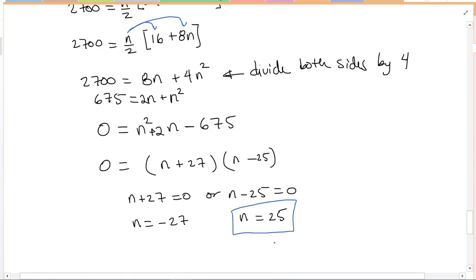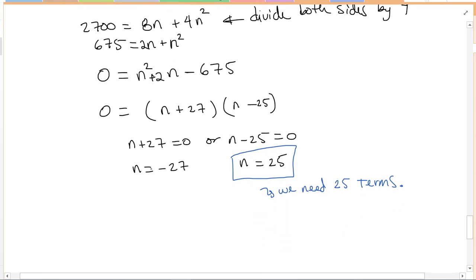We need 25 terms of that arithmetic sequence to get a sum of 2700. So this one is no, because n has to be a positive counting number, a quicker way to say that it has to be a natural number. All right, and that concludes section 12.2.